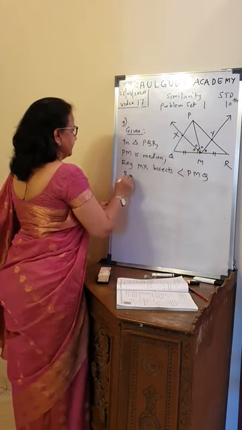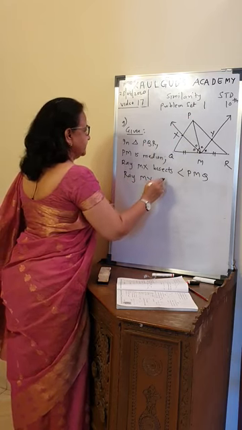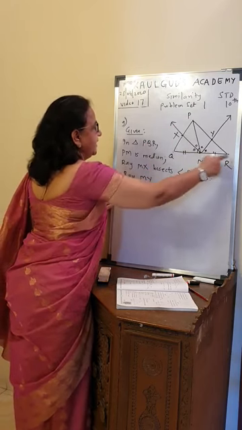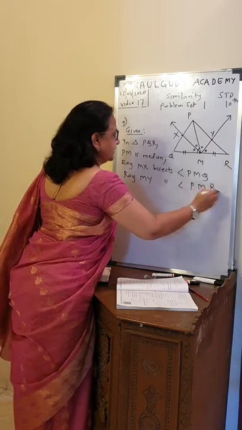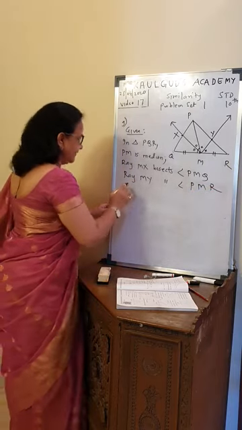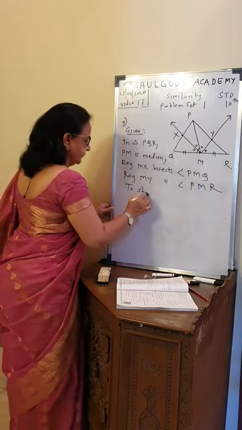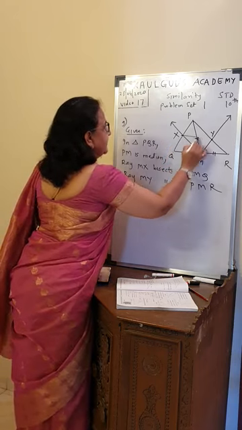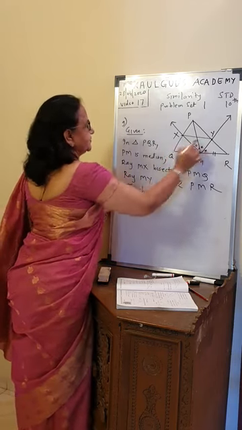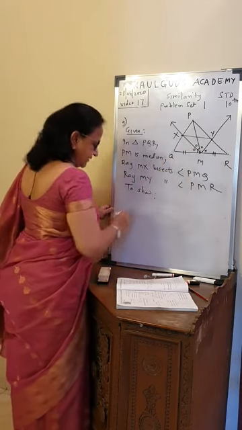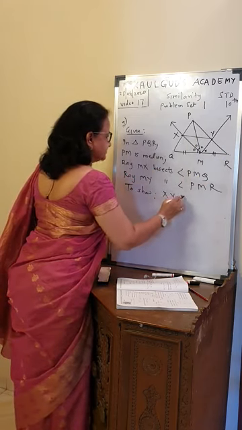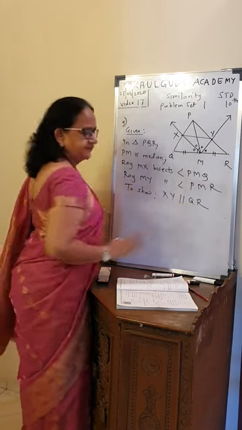Ray MY bisects angle PMR. So two angle bisectors are given to you and we have to show: now join X and Y. I have to prove XY and QR are parallel. So I have to show XY is parallel to QR.